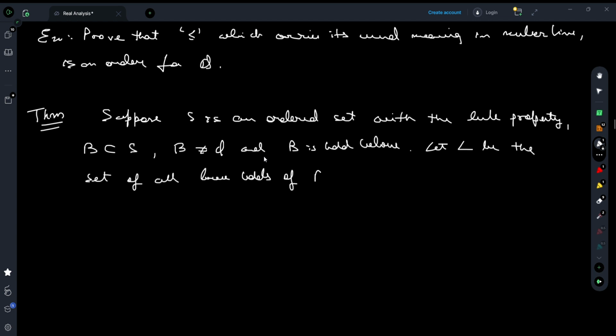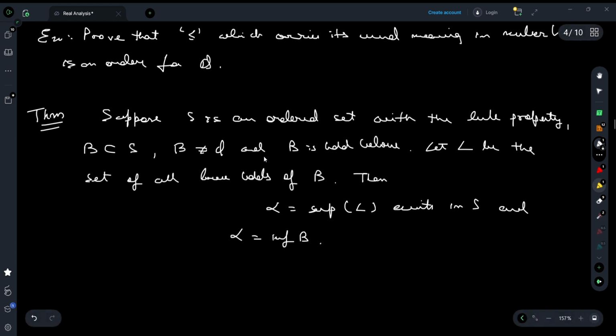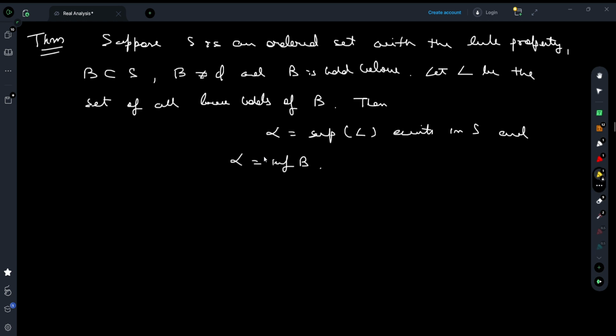Let L be the set of all lower bounds of B. Then alpha, the supremum of L, exists in S, and this alpha is actually the infimum of B.